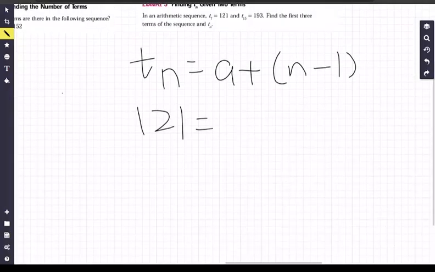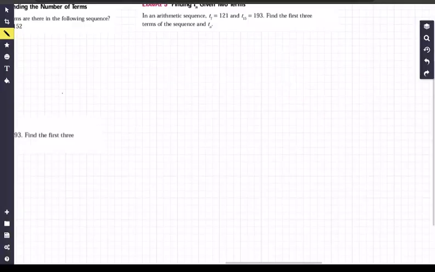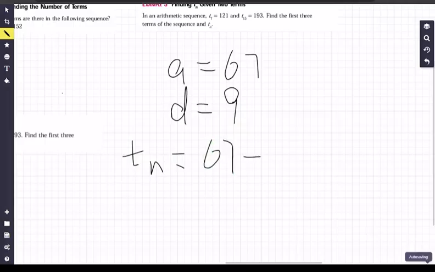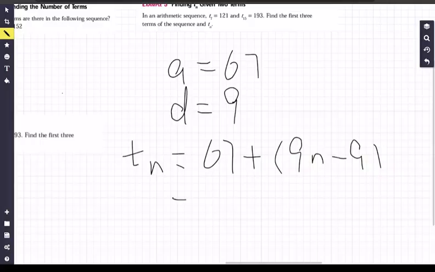So let's write that: a equals 67, and d equals 9. And now we can just plug it in and write the Tn formula. So Tn is going to give us 67 plus 9n minus 9. Simplify that out. It's going to be 9n plus 58.